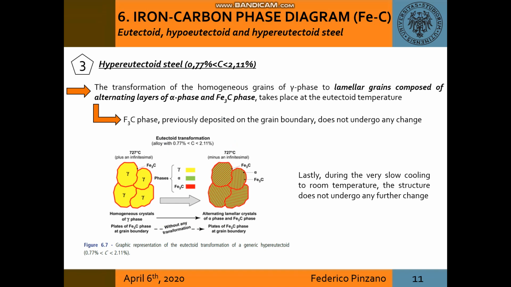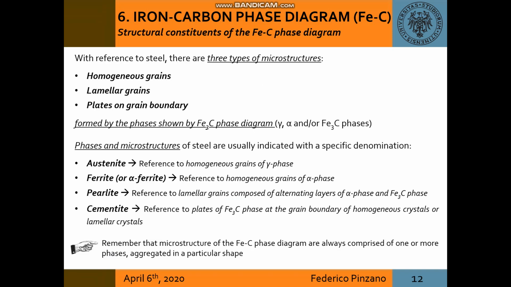At 727 Celsius degrees, the iron carbide phase on grain boundaries remains unchanged, while there is the transformation from homogeneous crystals of gamma phase to lamellar grains composed of alternating layers of alpha phase and iron carbides, like shown here. At room temperature, the structure results unchanged.